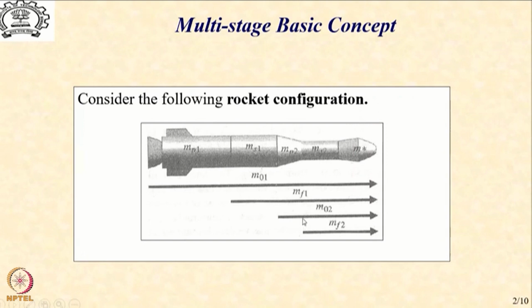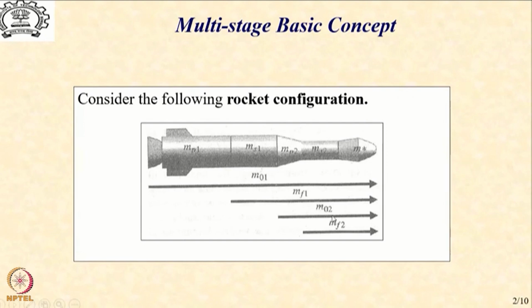Let us now come to M02 definition, and this is where we implement the idea that we have discussed in the previous lecture, that before starting the second stage, we get rid of the structural mass or the inert mass of the first stage, MS1, so that we now have a smaller M02 compared to MF1.